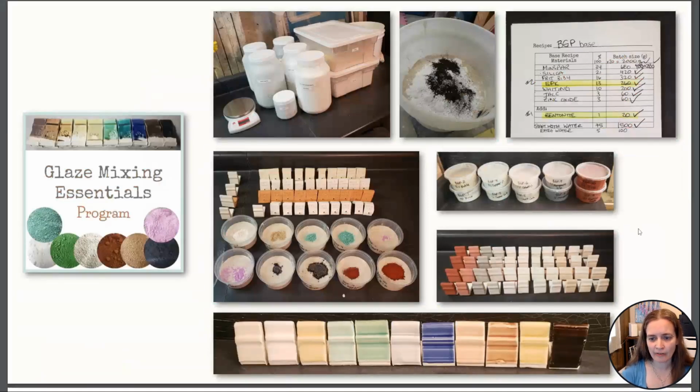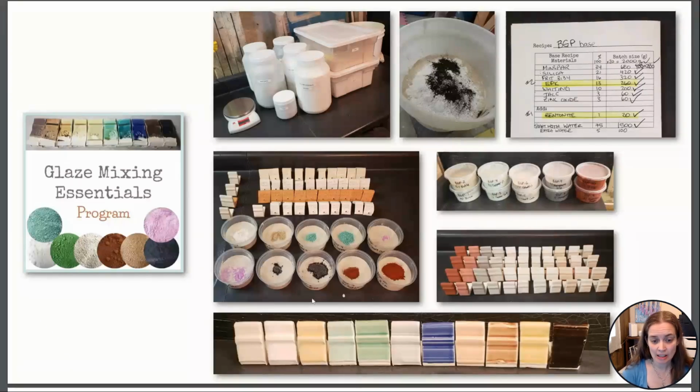So just a few little screenshots of glaze mixing essentials. These are all the glaze materials that I store in these plastic containers, and then we weigh them on a scale, add them to the bucket. And here's an example of a glaze recipe and me checking off all the materials as I add them to the bucket.